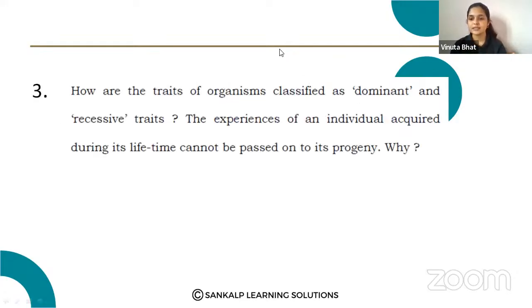Here one more question is there: the experience of an individual acquired during its lifetime cannot be passed on to its progeny. Why? Some characters are transferred, for example skin color, eye color, hair color. These and some other characters are transferred from parents to the next generation. But the acquired characters, acquired in the lifetime of the organism, are not passed to the next generation.